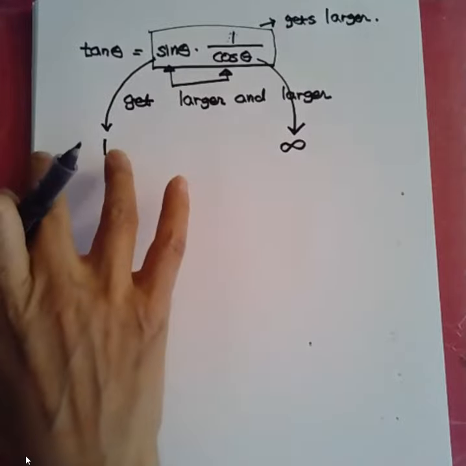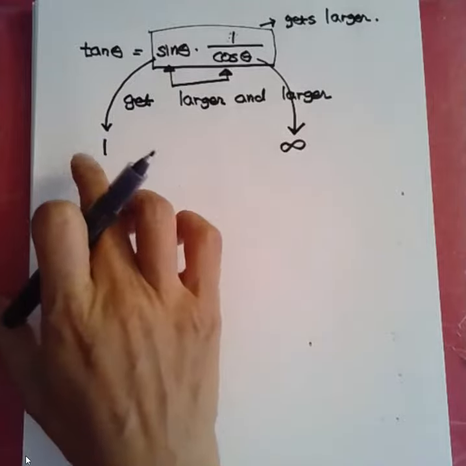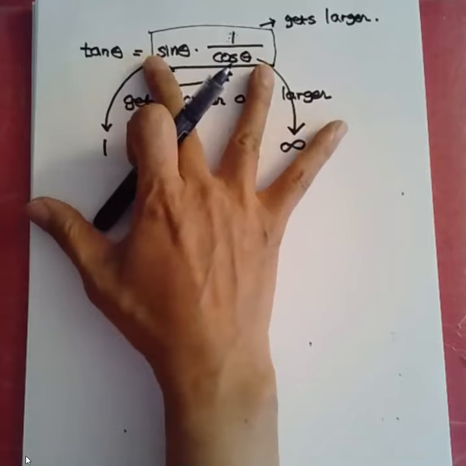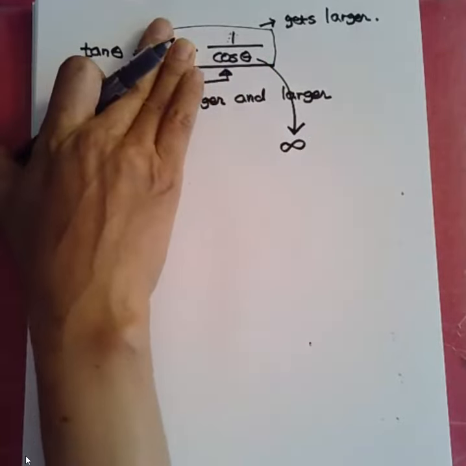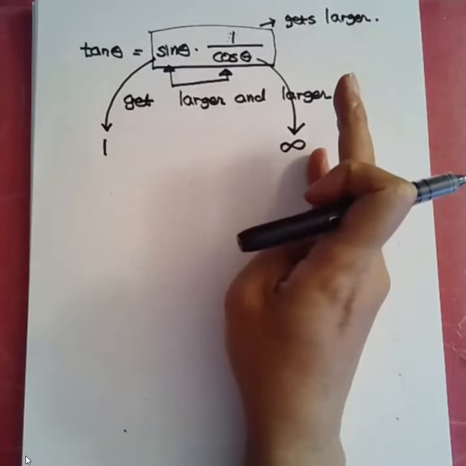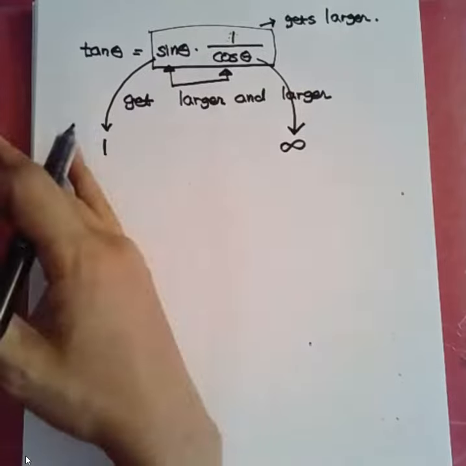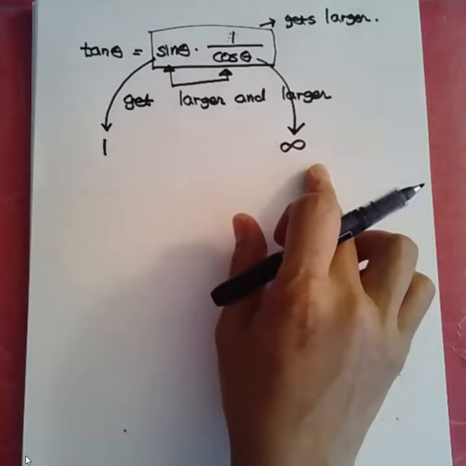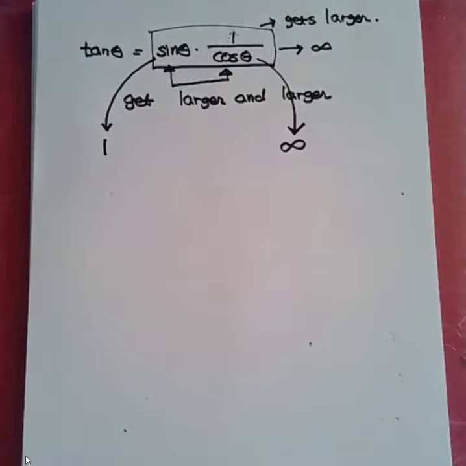So when we multiply both numbers, the multiplied number will be smaller than 1 over cosine of theta, but one gets larger and larger and diverges to infinity. Then apparently when we multiply those two numbers, that multiplication will go to infinity. So tangent function value will diverge.